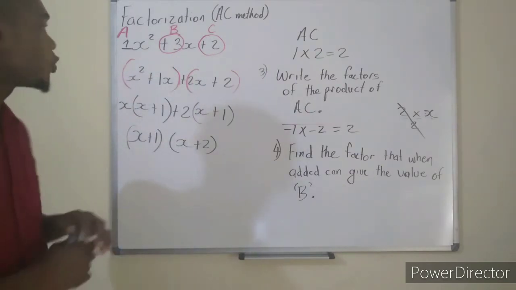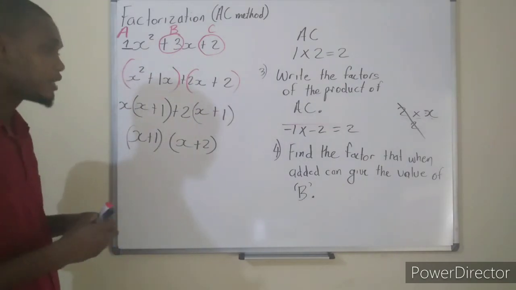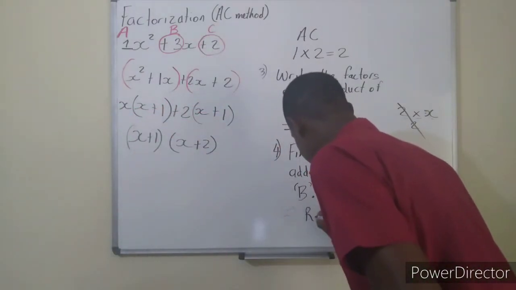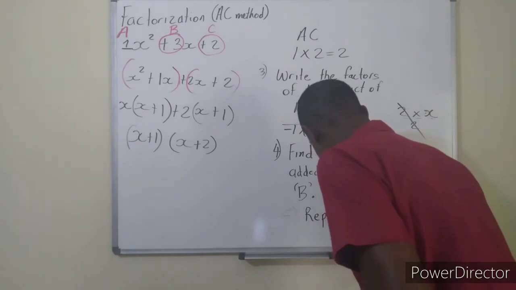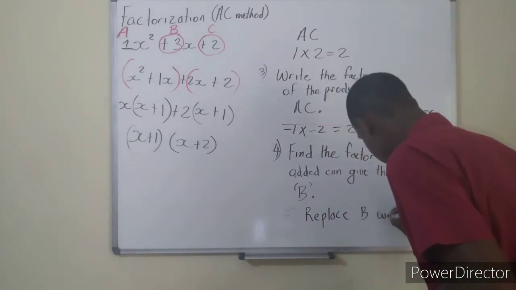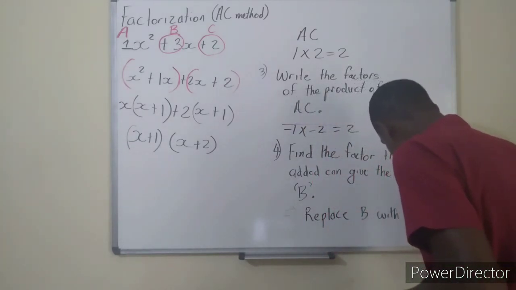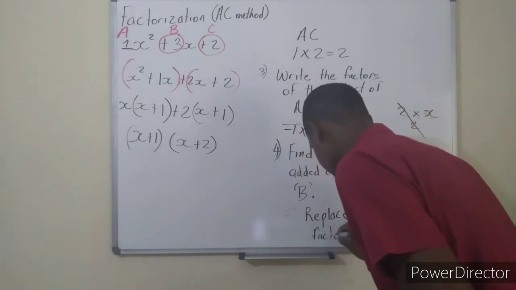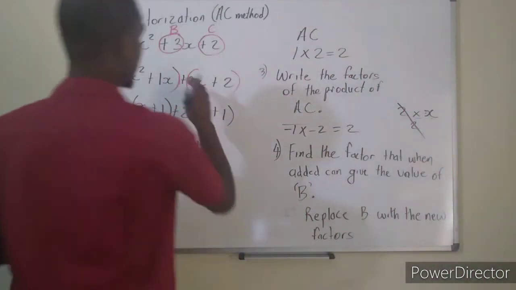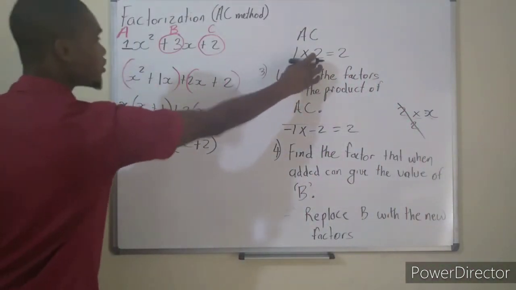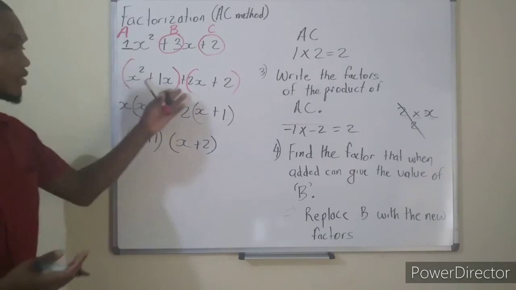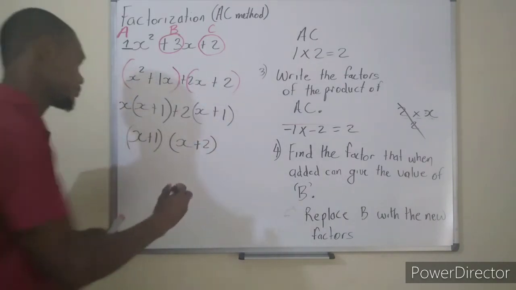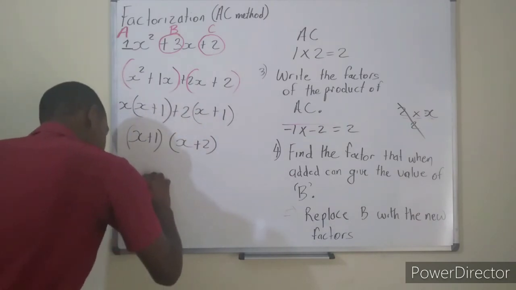When you get that, you'll do step 5, which is to replace B with the new factors. So you replace B with the numbers that you found that when added together give you B. And then step 6, pair them up.